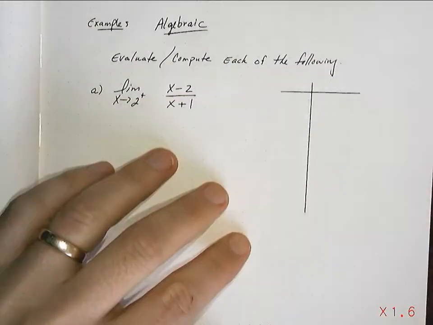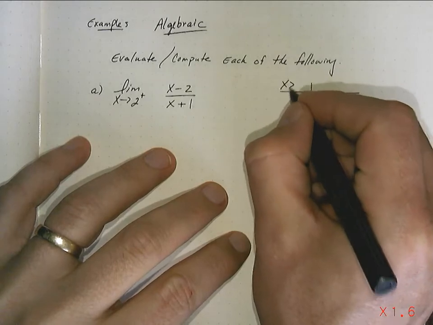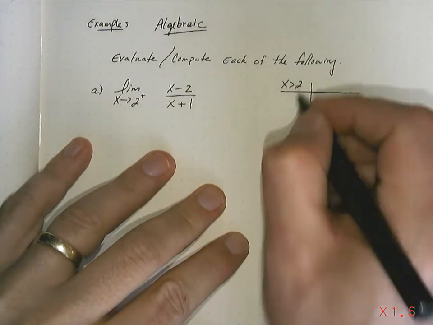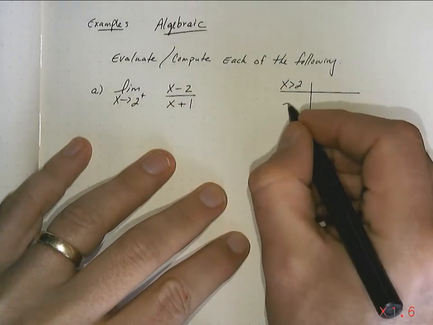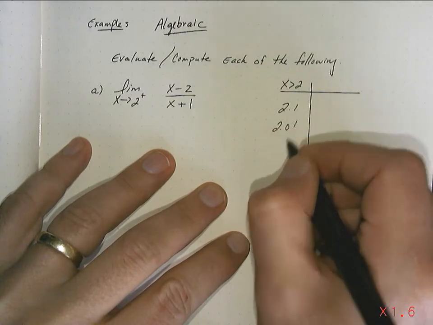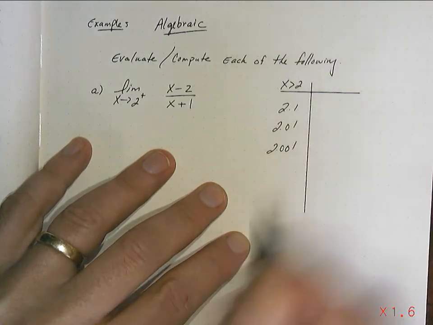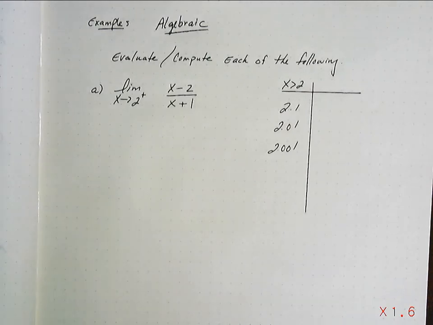I'm going to choose some values that are greater than 2, but pretty darn close to 2. So maybe 2.1, 2.01, and 2.001. I'm not going to put too many in because I want to see what the trend is.